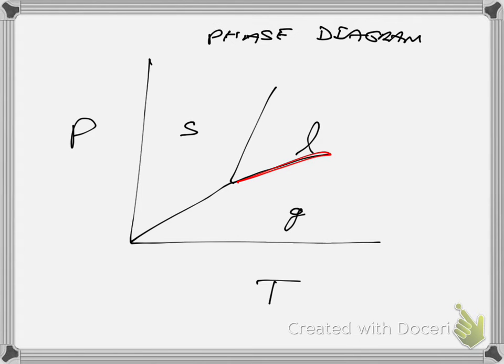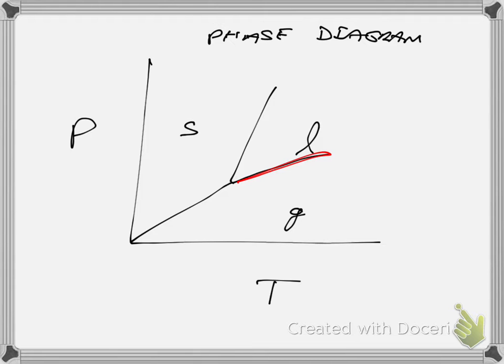In other words, at any given pressure-temperature combination along that line, we know that the gas and liquid states are at equilibrium. For every gas particle that condenses, there is a liquid particle that evaporates. And so they remain at constant values like we saw in our state change equilibrium example.